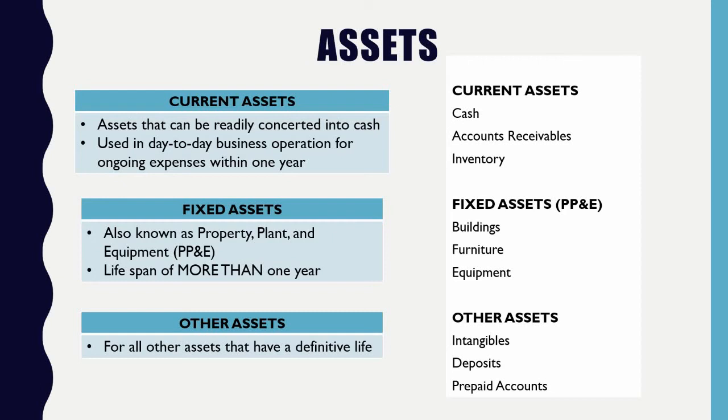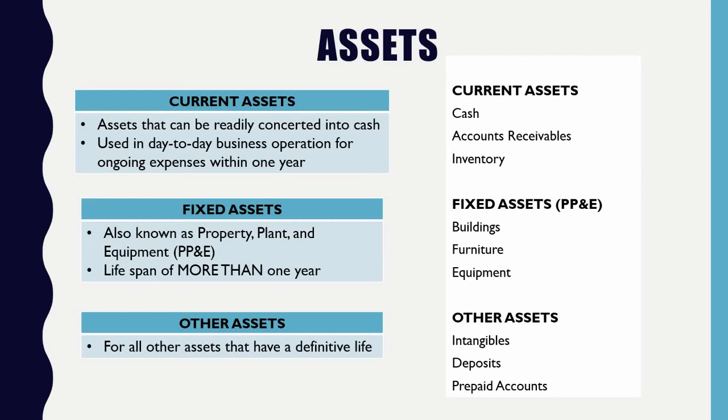Now, fixed assets are going to be categorized based on whether it is a property, plant, or equipment. Okay, so fixed assets could also be known as PP&E, property, plant, and equipment. Anything that's property, so land, is going to be your property.